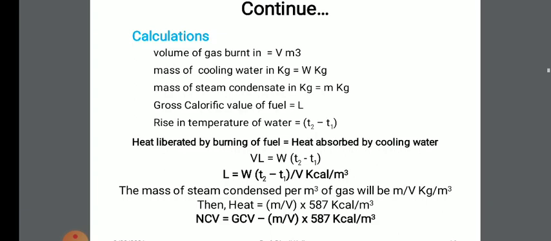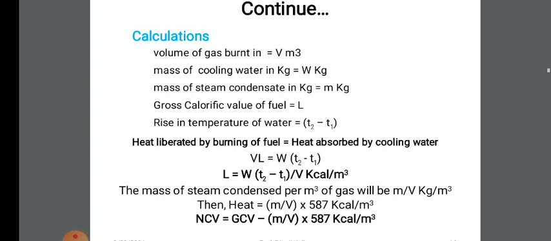We also include one more point: the mass of steam condensed per cubic meter of gas is m divided by V, in kilogram per cubic meter.